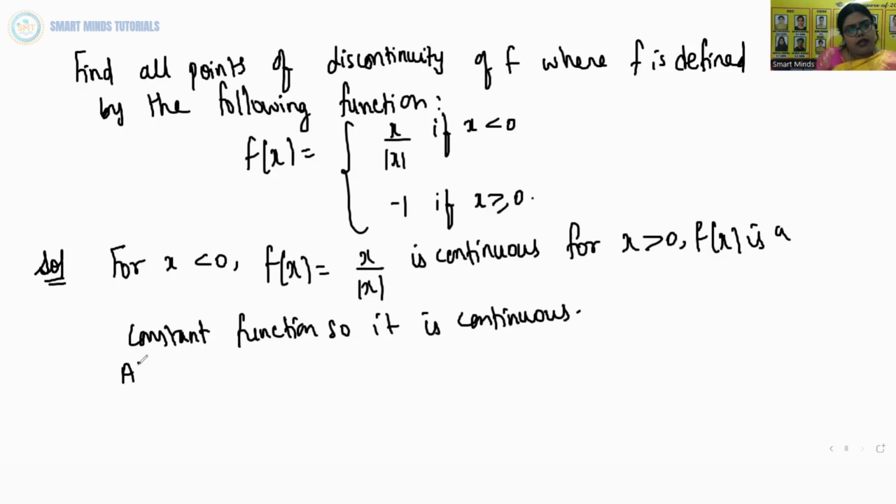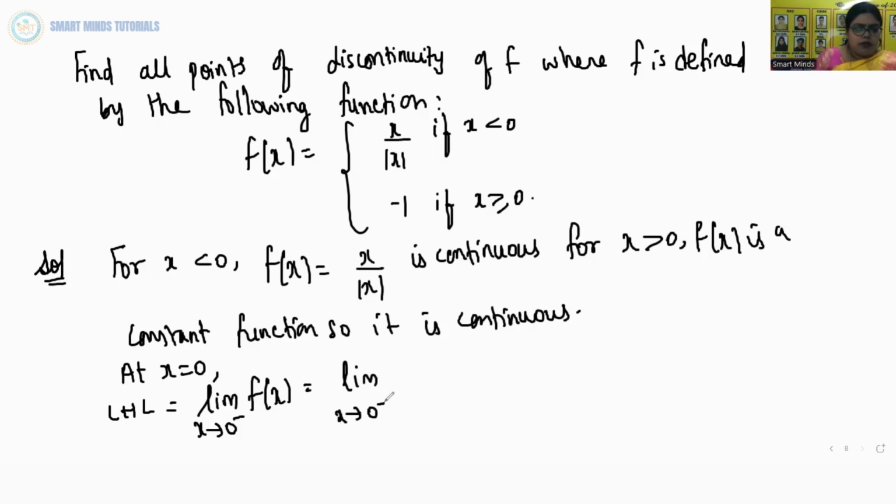Now we shall find at x is equal to 0, is it continuous or discontinuous? So let's find LHL, that is left hand limit. So how do you represent it? Limit x tends to 0 minus f of x. So which function you have x less than 0? That is the first function. So you get limit x tends to 0 minus x by mod x.